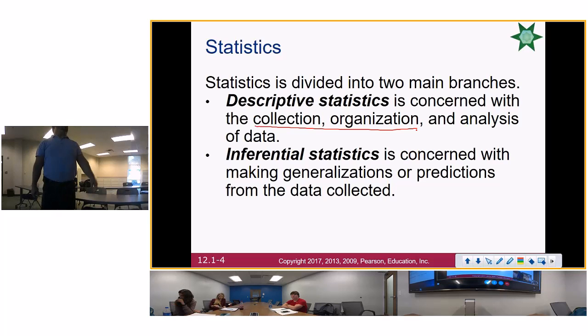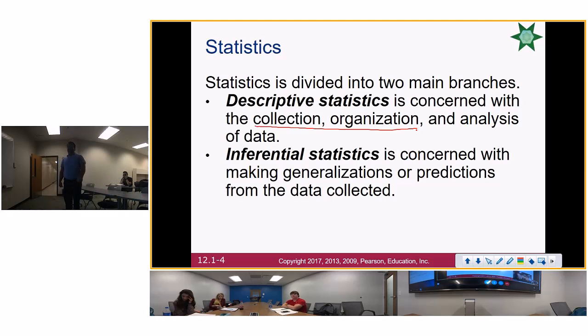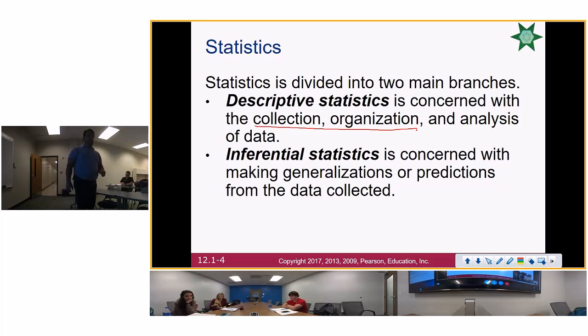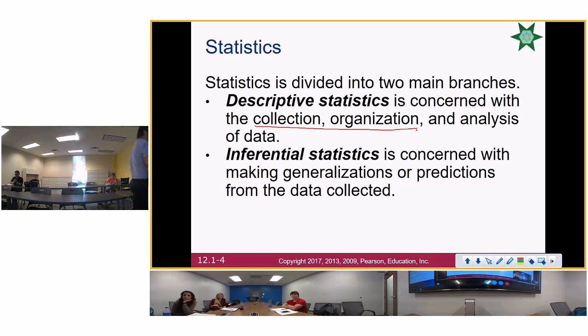So he goes to the hospital and then he goes to the police. Has he done the statistics or is he just using other people's numbers? He's using other people's numbers, so he's using inferential. When you're using other people's information, you're using inferential.